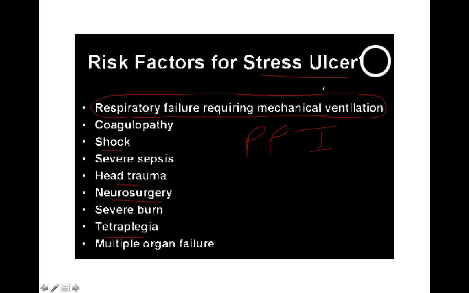If you are asked which of these patients requires PPI urgently, or for a very long duration of time, or which is the most important risk factor, then it is mechanical ventilation. This is a question also in a few of the Q banks. This is the most important risk factor, mechanical ventilation for more than 48 hours.